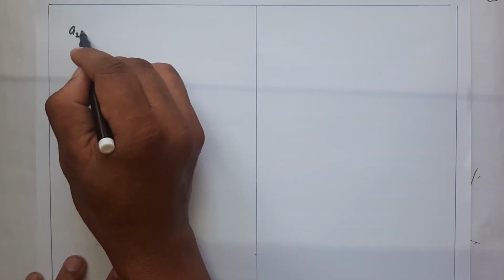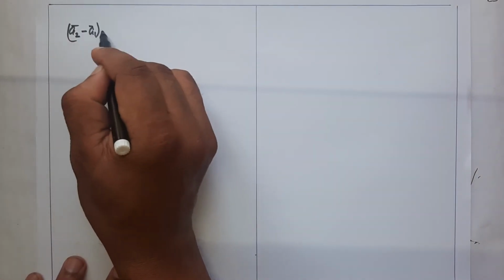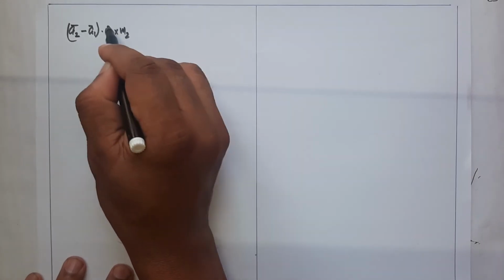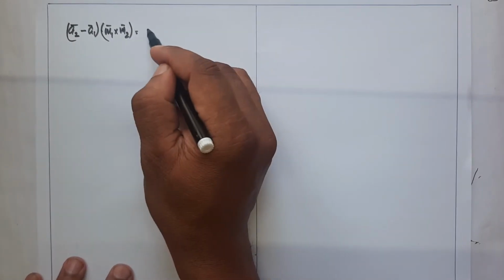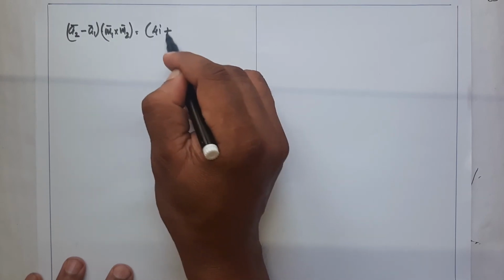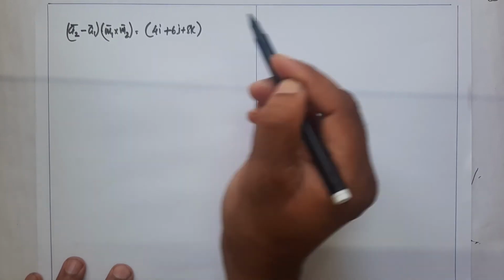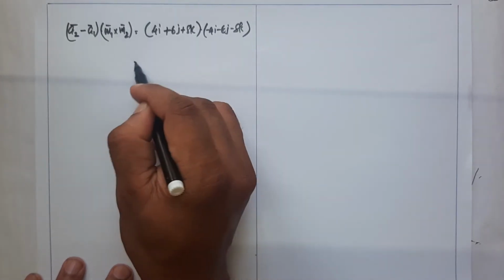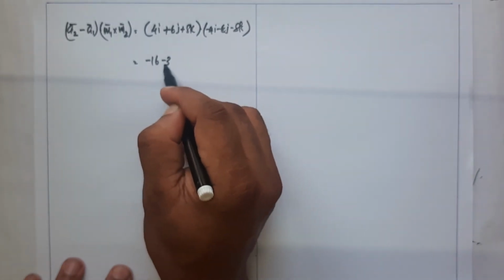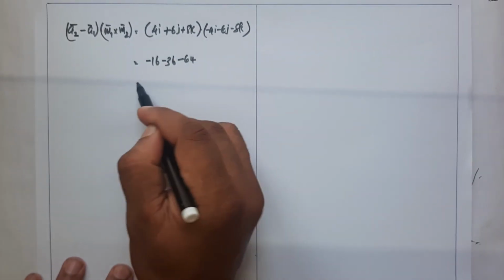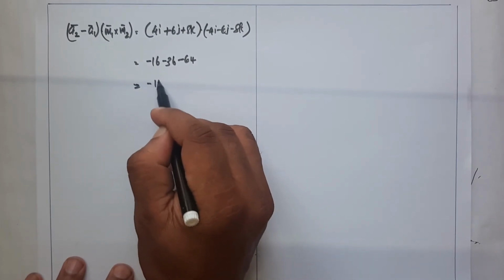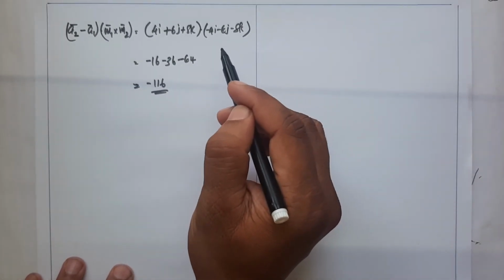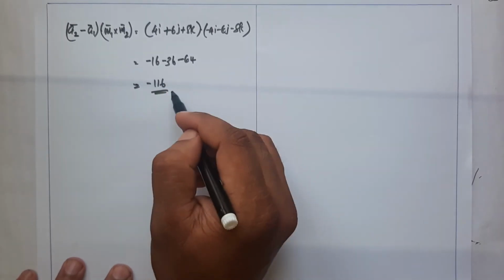Now we find (a2 − a1) dot (m1 cross m2). a2 − a1 is 4i + 6j + 8k, dotted with −4i − 6j − 8k, and the dot product becomes −16 − 36 − 64, equal to −116.